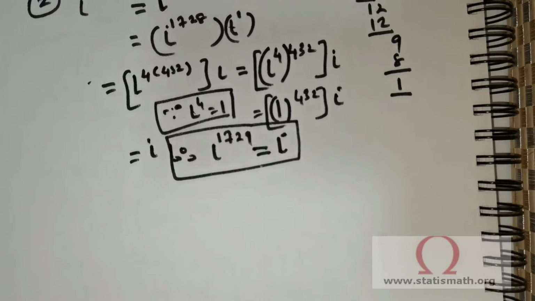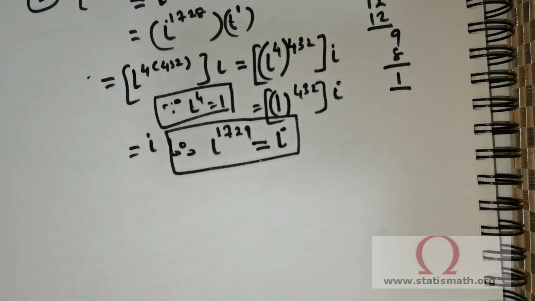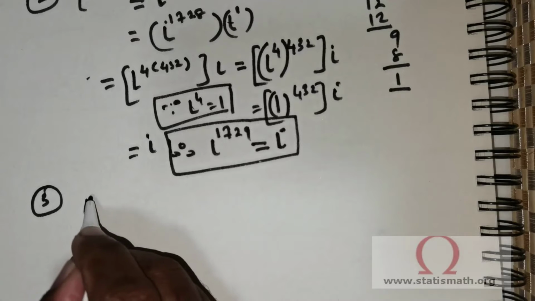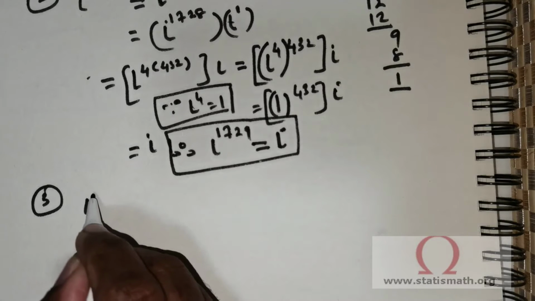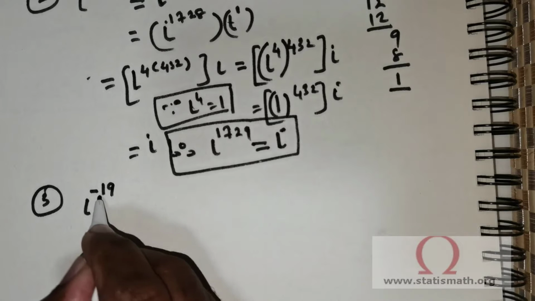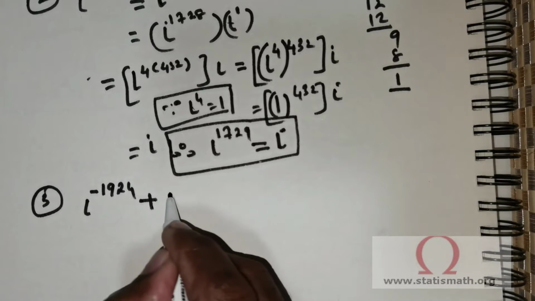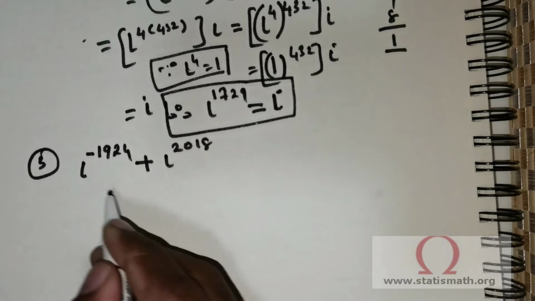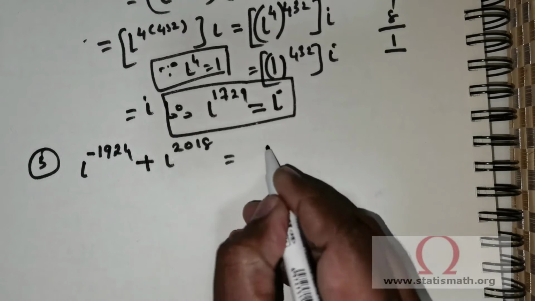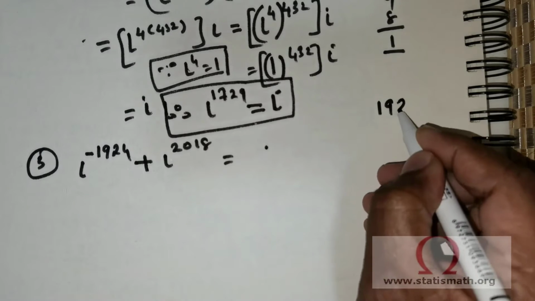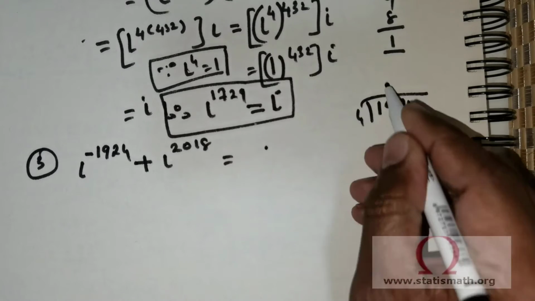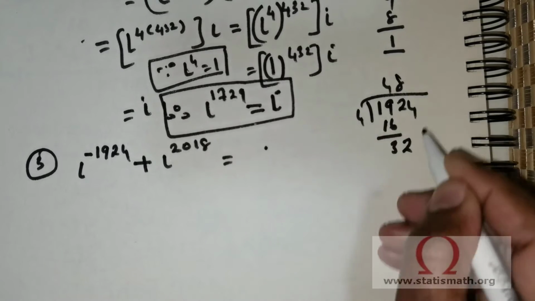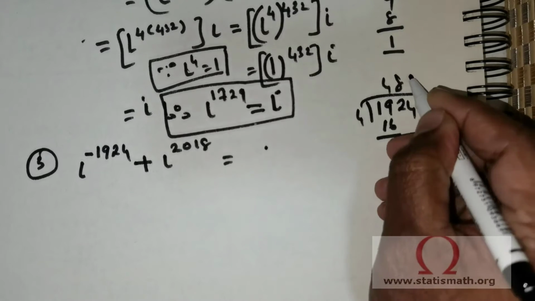Now, having obtained the solution, let us move on to the next one. Question number 3, we are expected to find the value of i raised to the power negative 1924 added with i raised to the power 2018. Now if I were to divide 1924 by 4, 4 fours are 16, remainder 3, 32, 8 fours are 32, you bring 4, so it's going to be 481.